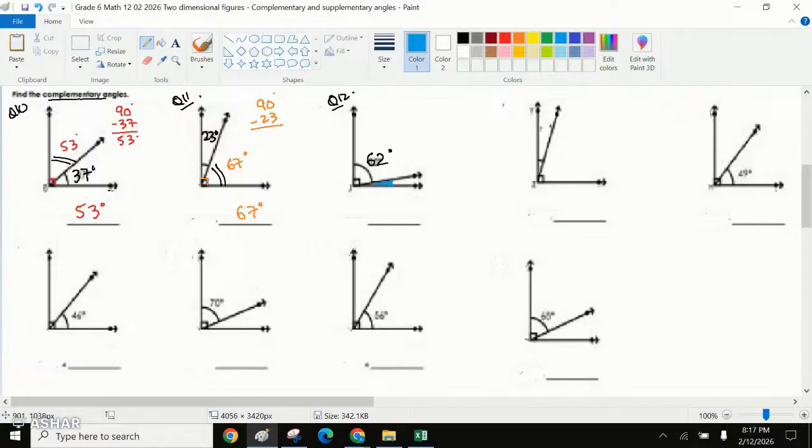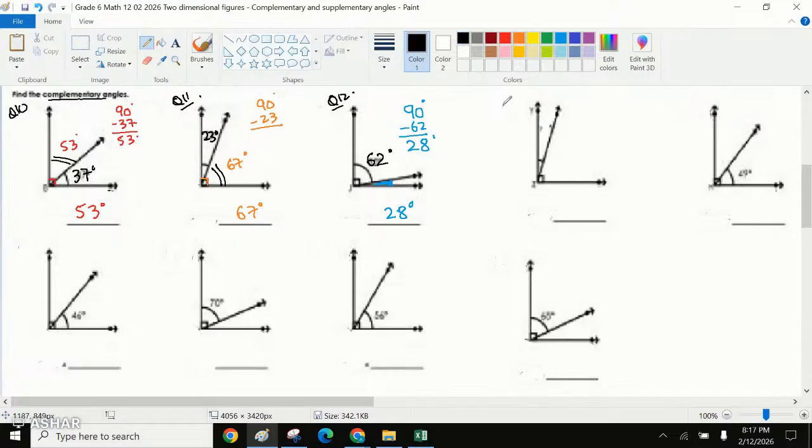That would be complementary, means 90 minus 60 is 30. 30 minus 2 would be 28. That means the complementary angle of 62 is 28.